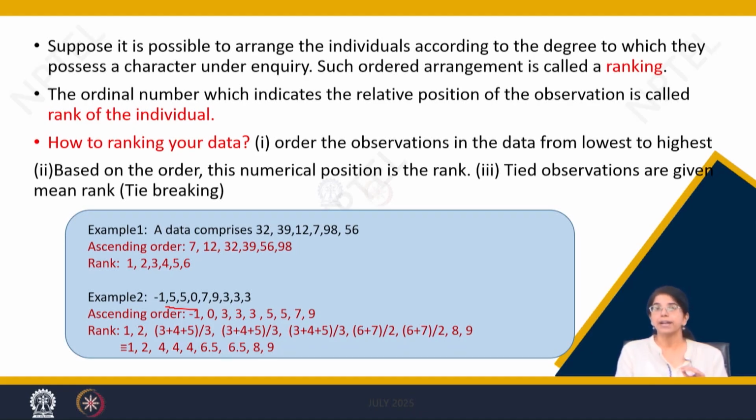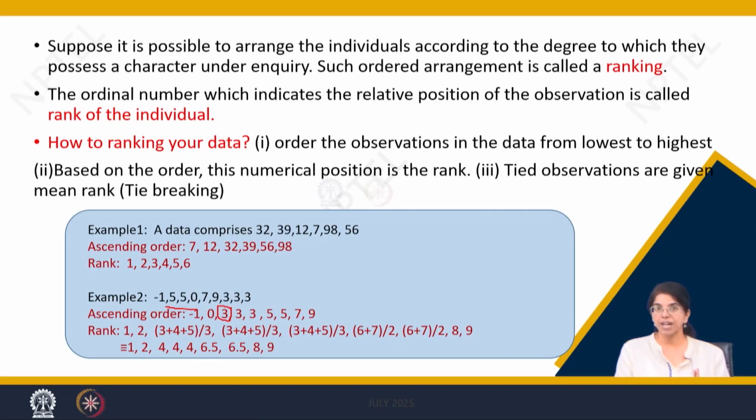So how to assign rank? For the first 2 observations it is very easy. -1 is the smallest, so the rank is 1, and 0 is the second smallest, so the rank is 2. Now have a look at this process, called average ranking or tie breaking. For these three 3s, we would be assigning ranks 3, 4 and 5.